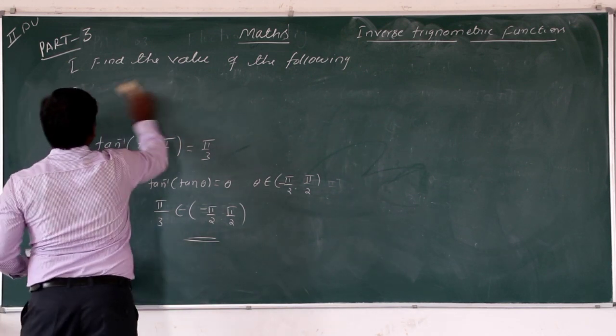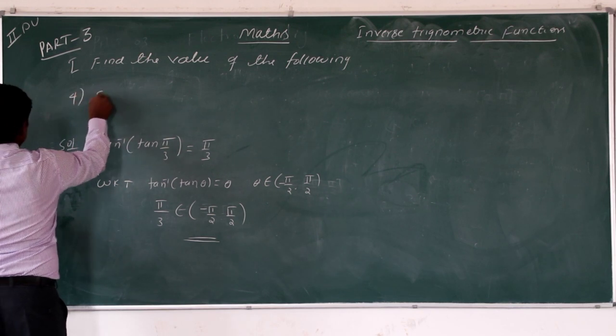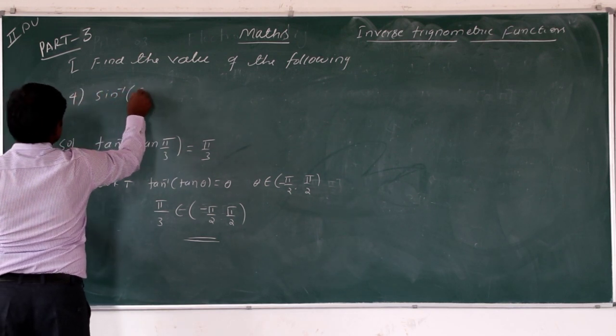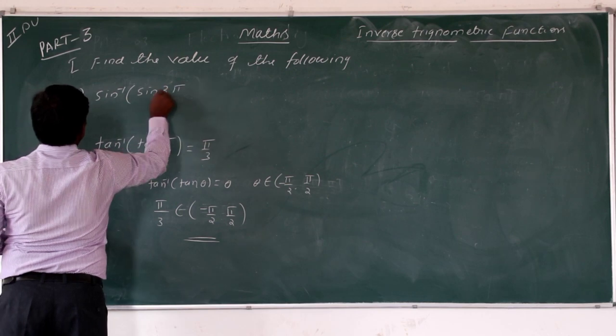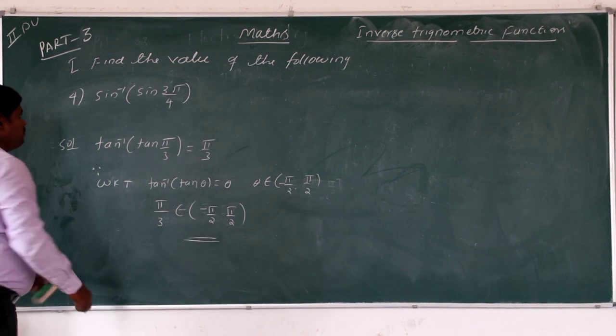Fourth one: sin inverse of sin 3 pi by 4.